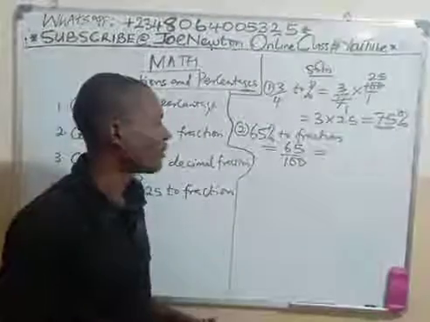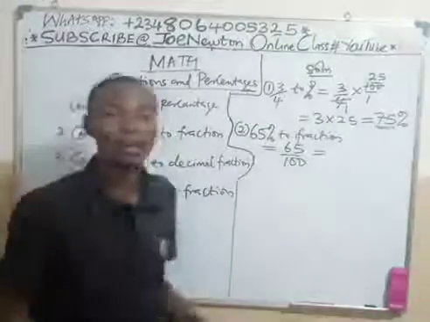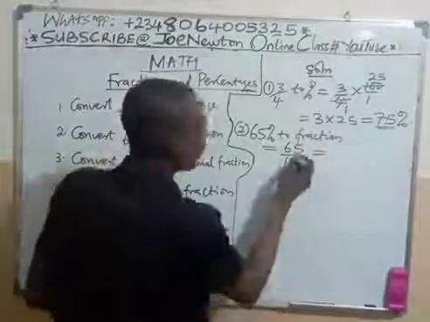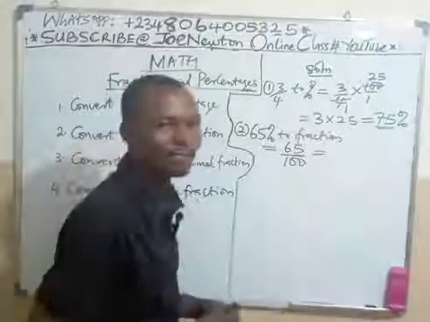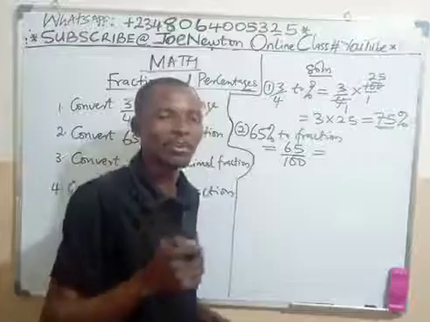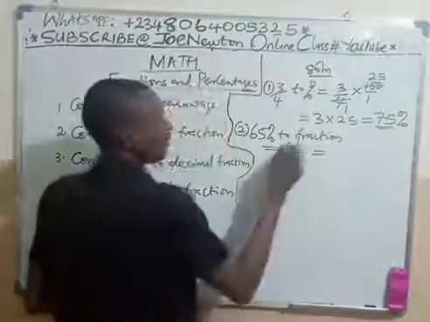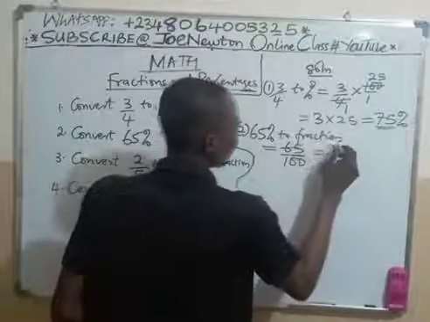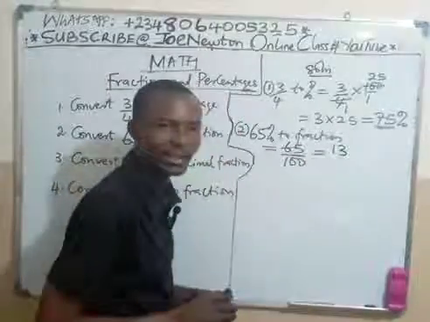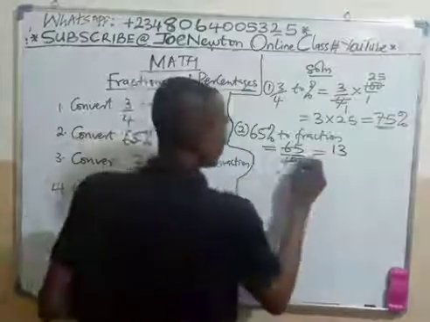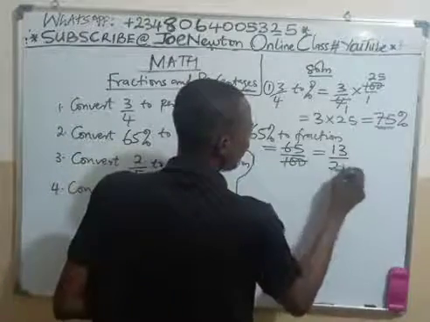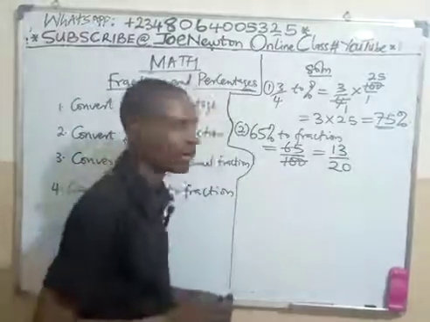If it's not reducible, you leave it, because it is still a proper fraction. But looking at this, we see that whenever you have 5 ending a number and 0 ending a number, they are divisible by 5. Okay, 5 divides 65 gives us 13, because 5 times 13 is 65. 5 divides 100 gives us 20, because 5 times 20 is 100.